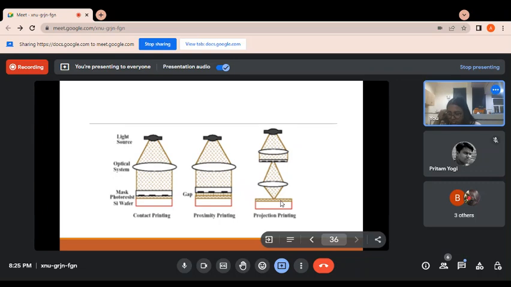Banala Sindhu, what do you understand from the figure? Can you explain? Banala Sindhu?